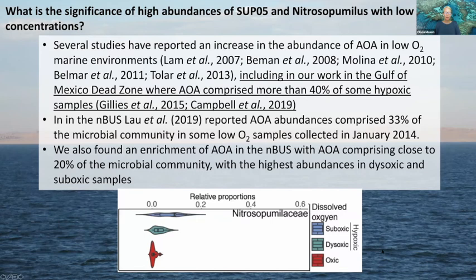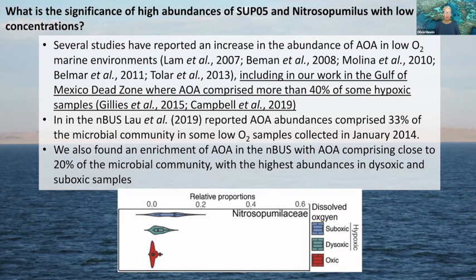So we know there's a lot of evidence that shows that AOA, these ammonia oxidizing archaea, which are aerobes, are really abundant in low oxygen marine environments. That includes our work, which Lauren showed in the Gulf of Mexico, where these AOA can be up to 40% of the microbial community in some hypoxic samples. But let's look at the NBUS. Lau et al. had already reported that AOA were up to 33% of the microbial community in some of their low oxygen samples.